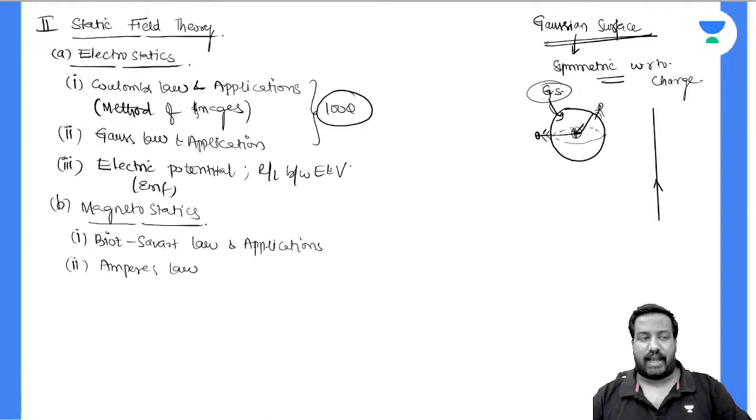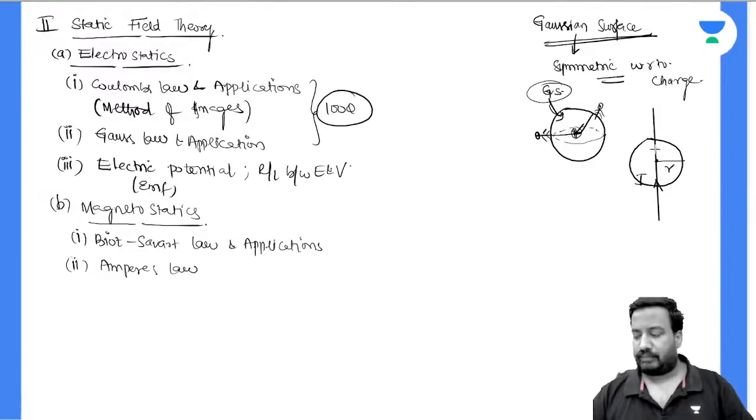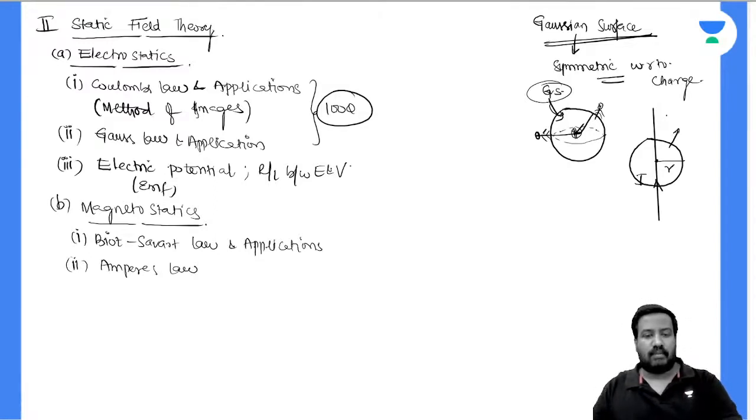If you take a straight current carrying conductor carrying a current I, then a loop of radius r where the current carrying conductor is moving through the center is the Amperian path. And Ampere's law is a special law that governs magnetostatics.